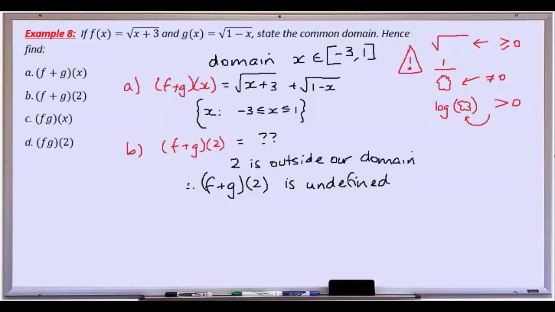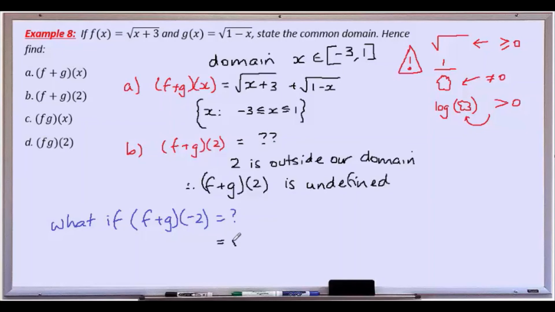But let's imagine that things change, and this is actually going to be a negative 2. Negative 2 is within our domain. So if the question asks for f plus g of negative 2, then what we would do is substitute negative 2 into our equation.